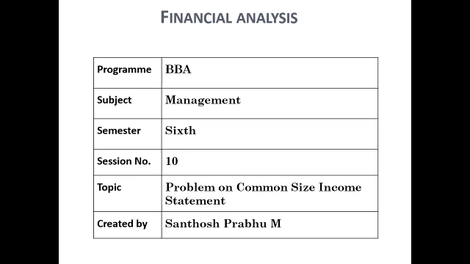So here we are calculating individual item percentage against the total sales. So in the case of common size balance sheet, all the individual items percentage we calculated against the total asset, or on the other side total liabilities.